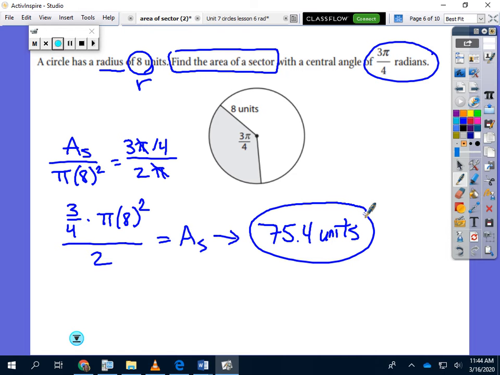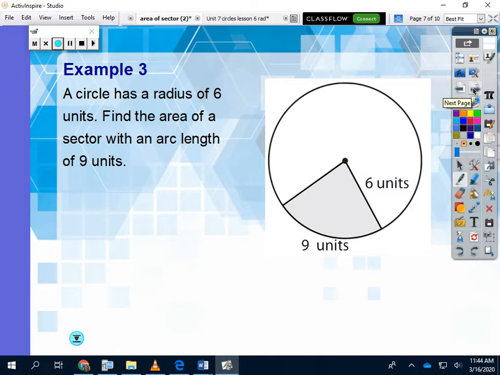Okay, almost done. So a circle has a radius of 6 units. Find the area of the sector with an arc length of 9 units. Okay, so now I'm solving for the area of the sector. I want you to turn the video off and try it, and then come back. So I don't know the area of the sector. This is r, and this is s.